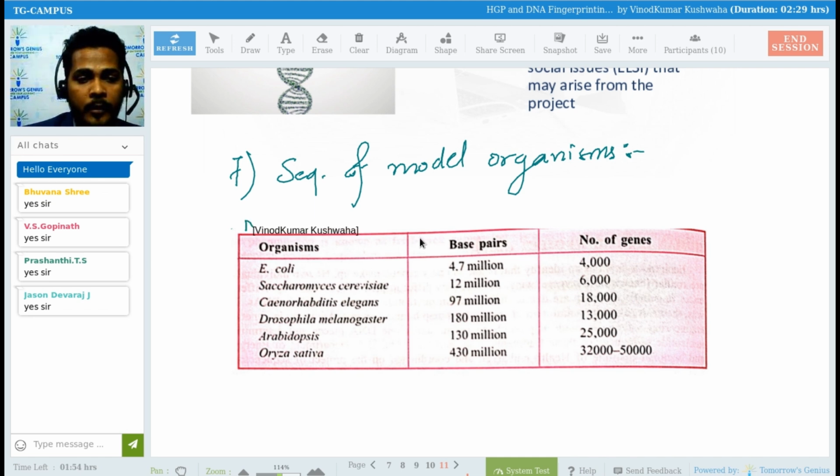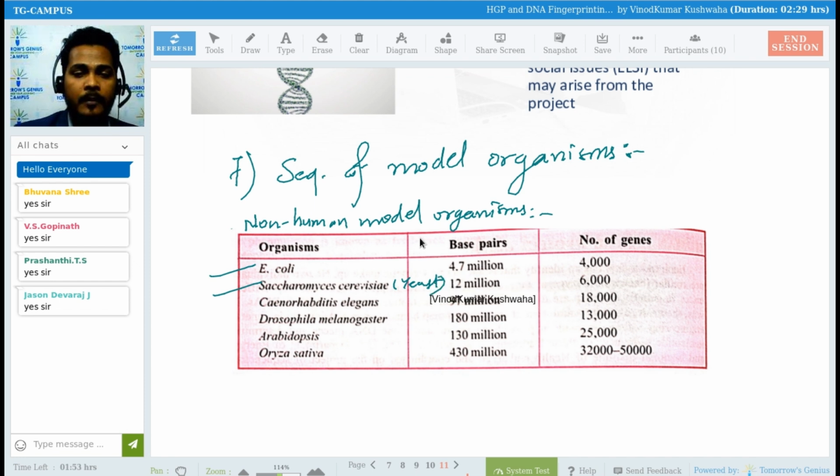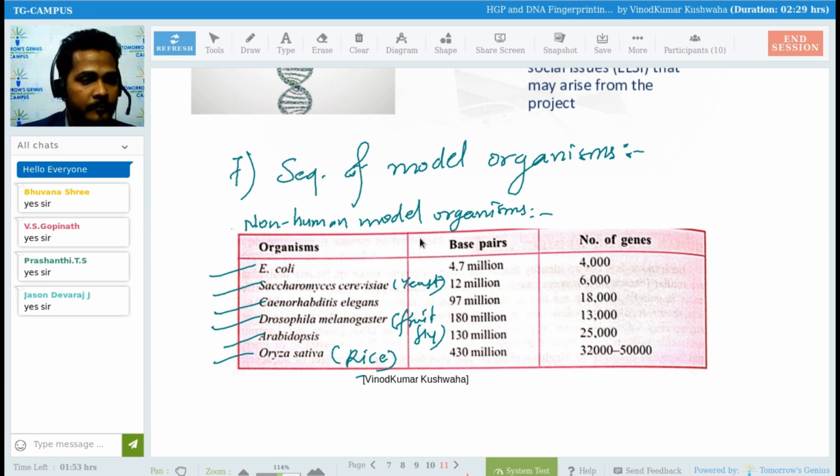The names are E. coli, which we have already studied; Saccharomyces cerevisiae, which is called yeast; Caenorhabditis elegans; Drosophila melanogaster, which is called the fruit fly; and Arabidopsis and Oryza sativa, which is commonly called rice. All these are the non-human model organisms.